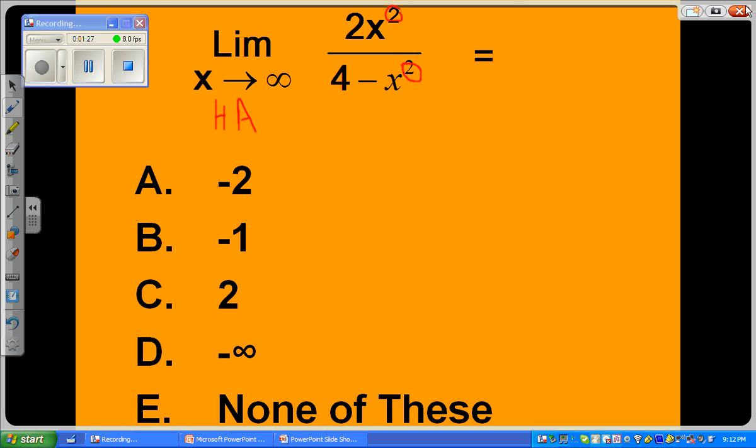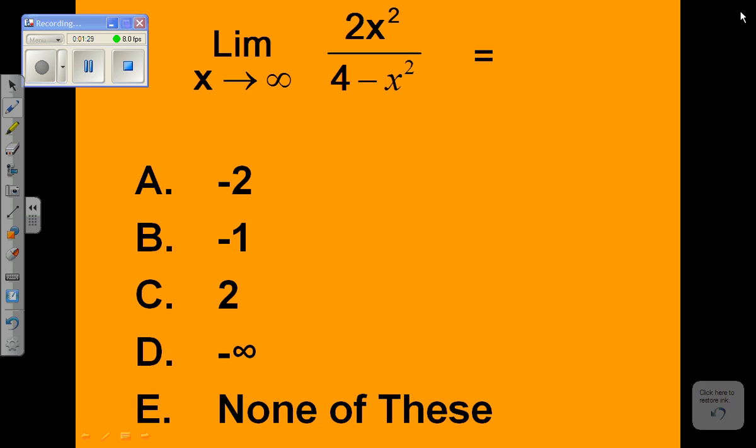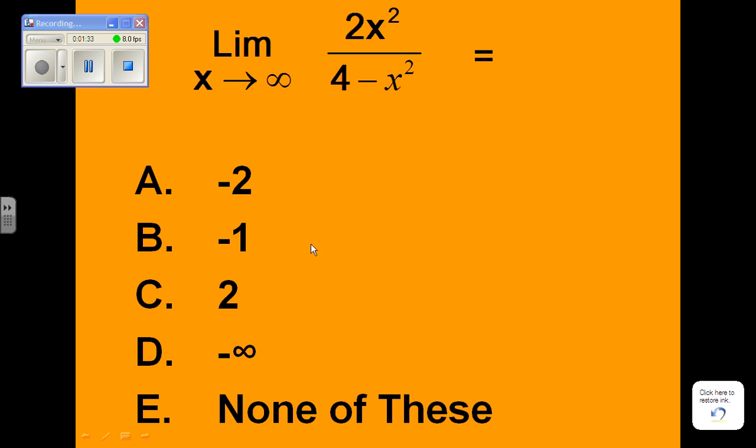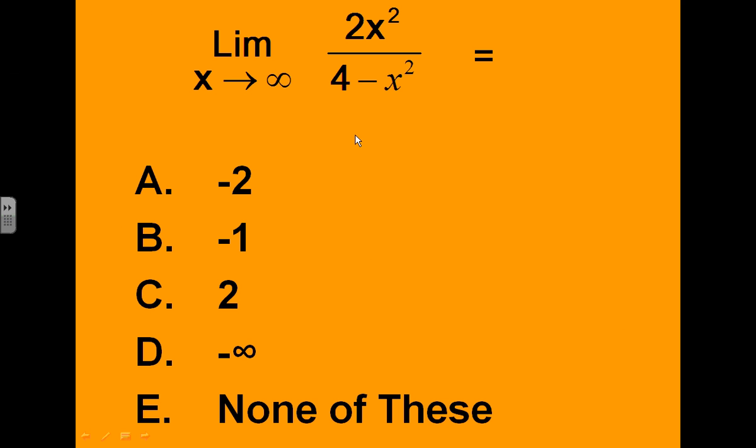So it should be the leading coefficients of each one. The answer should be 2 over negative 1, or negative 2. Again, as x goes to infinity means you're looking for the horizontal asymptote. Degrees are the same, so it should be leading coefficients. Next.